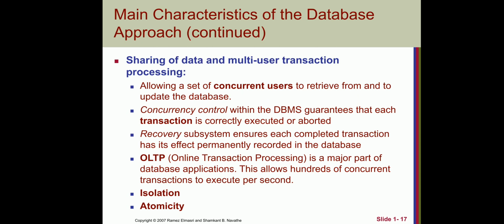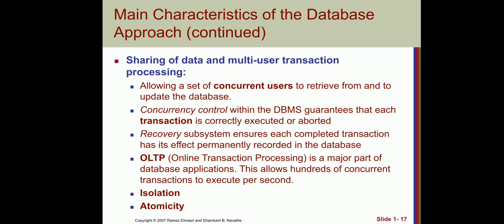Then we have concurrency control within the DBMS, which guarantees that each transaction is correctly executed or aborted. As we have gone through, there are a lot of people who are using the system at the same time. What happens is sometimes a part of a transaction gets executed and then it gets terminated due to some network failure or some physical or virtual reasons.